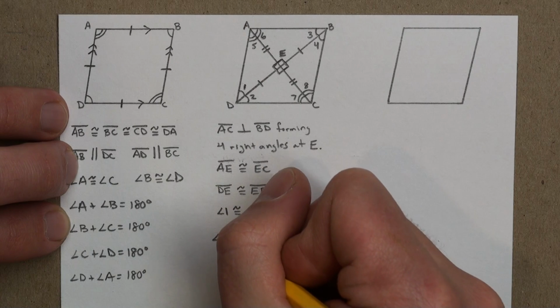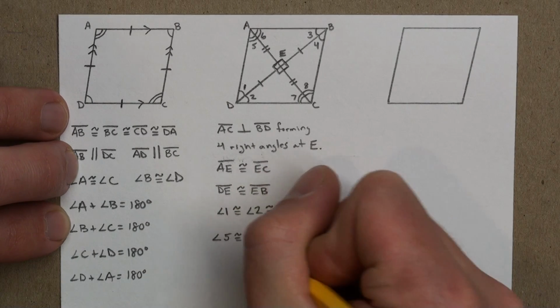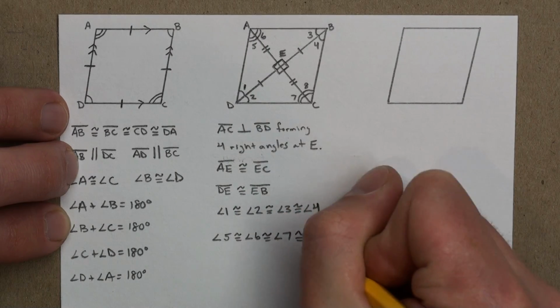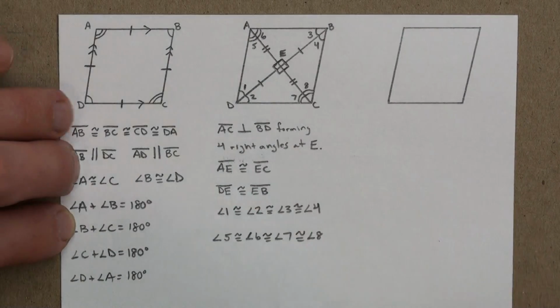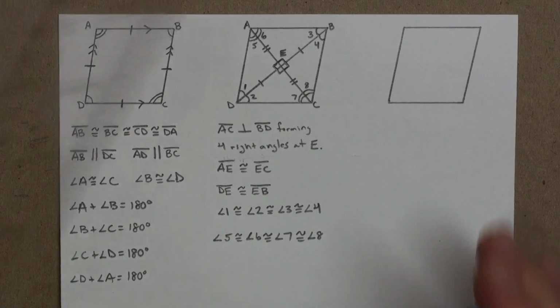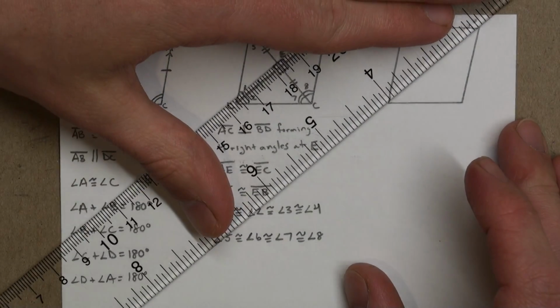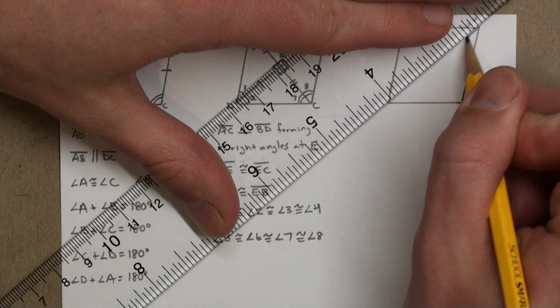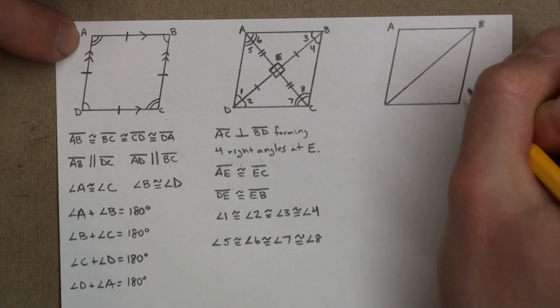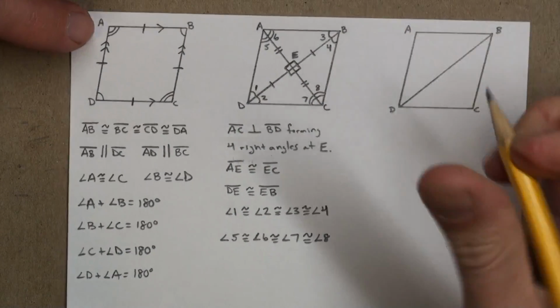And angle 5 is congruent to angle 6, is congruent to angle 7, is congruent to angle 8. Okay? And then we can also still have that last property of the parallelograms.